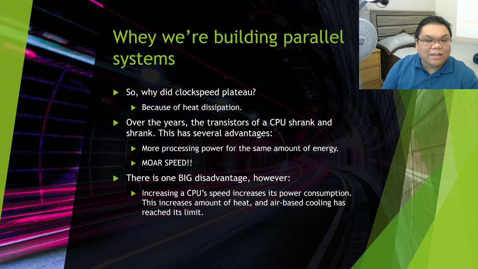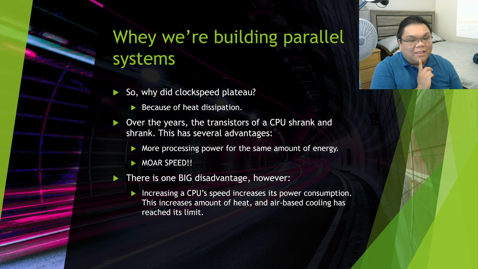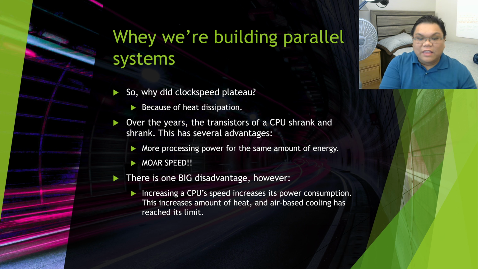But the biggest advantage of shrinking transistors over the years is you can get more processing power for the same amount of energy. More speed. There's one big disadvantage, however. If you want a CPU to run faster, you need to increase its power consumption.